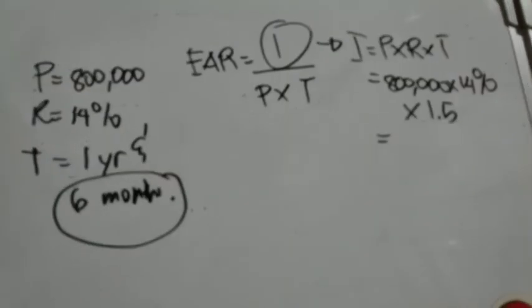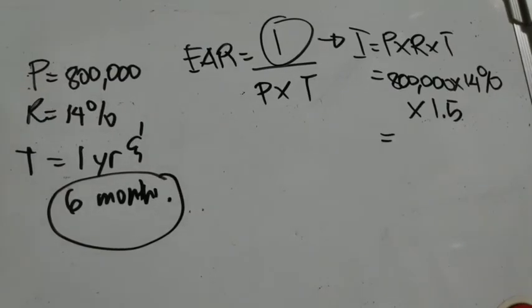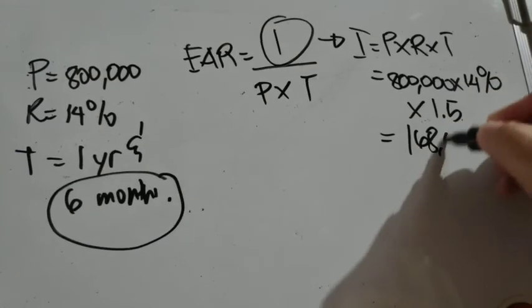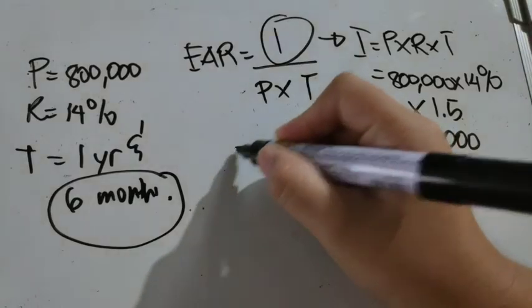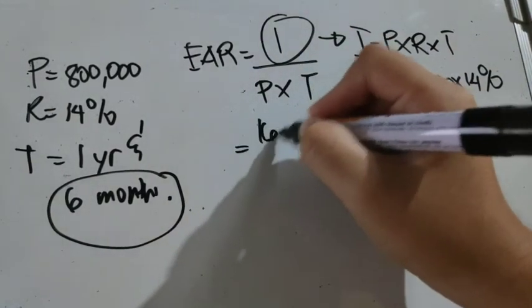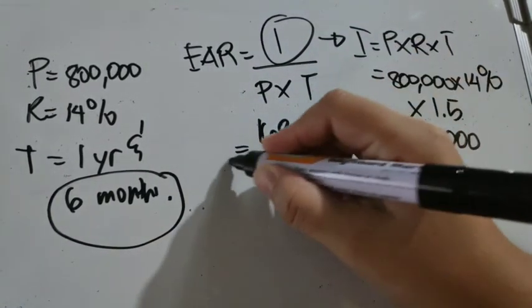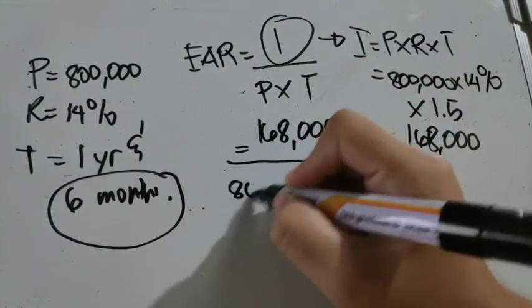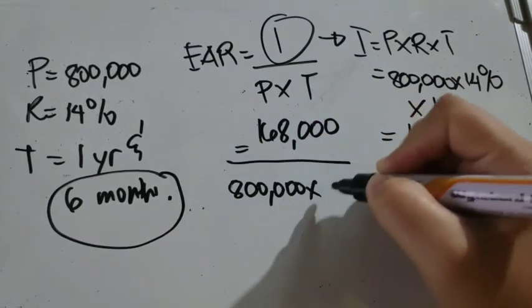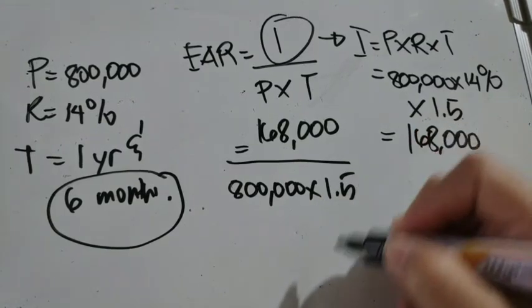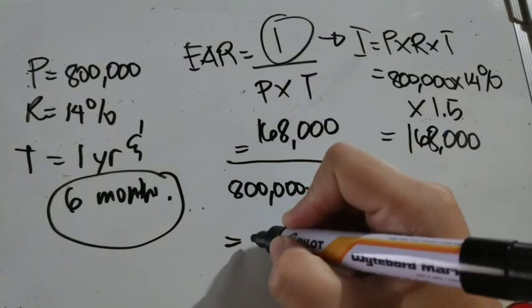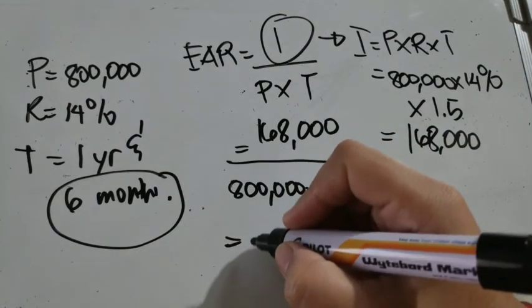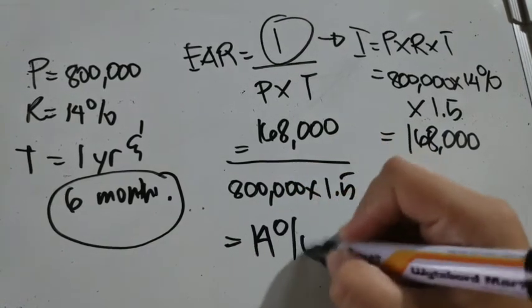So now you will get the amount of 168,000, which is the interest for this problem, the interest amount. So, 168,000 divided by the 800,000 times the time, which is 1.5. From that, you will get the effective annual interest of 14%.